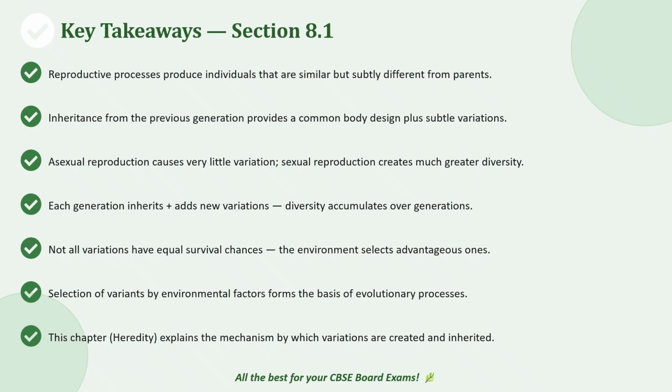Accumulation of variation: every generation inherits the old variations and adds new ones. Environmental selection: useful variations help the organisms to survive. And the foundation of evolution: variation and selection together lead to evolution.